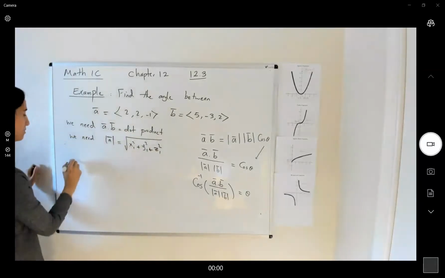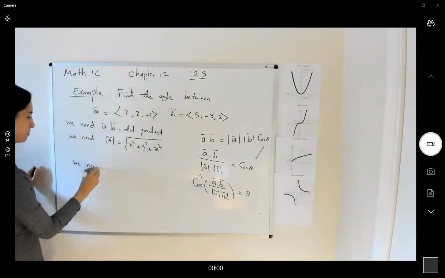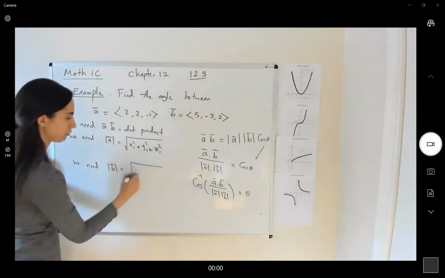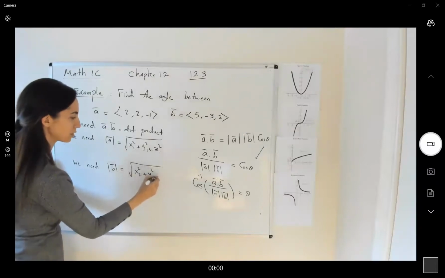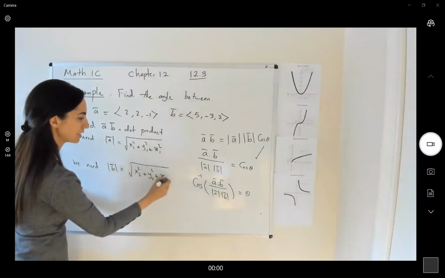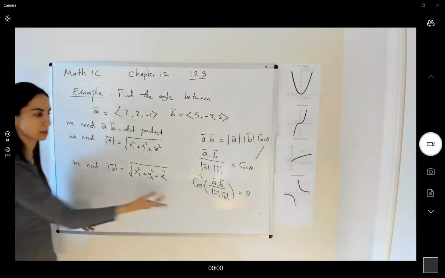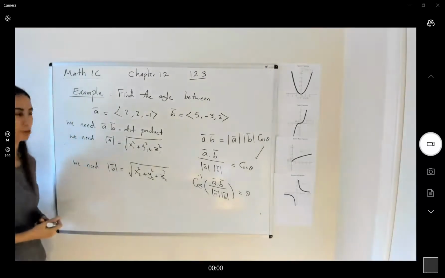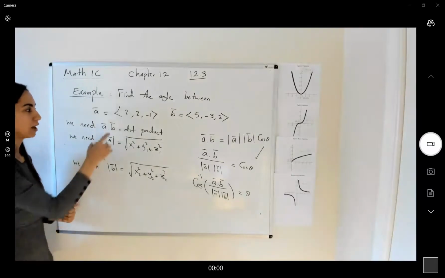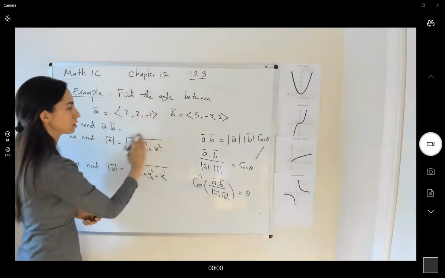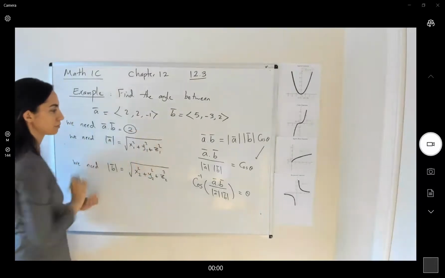We also need the magnitude of B, computed the same way. You need to find all of these, then plug them into the formula. We already calculated the dot product. We know that the dot product is equal to 2.